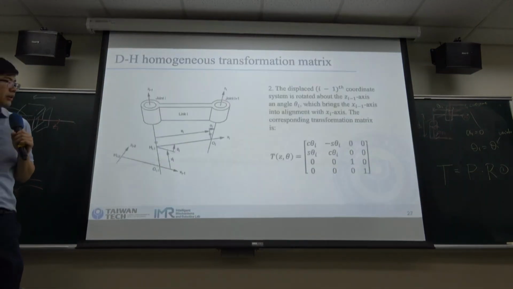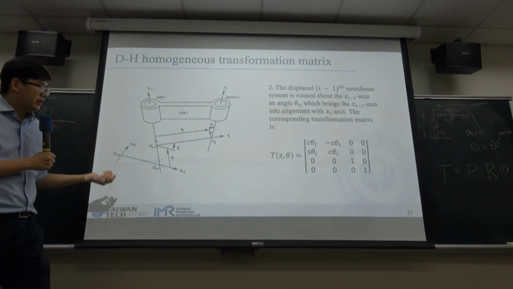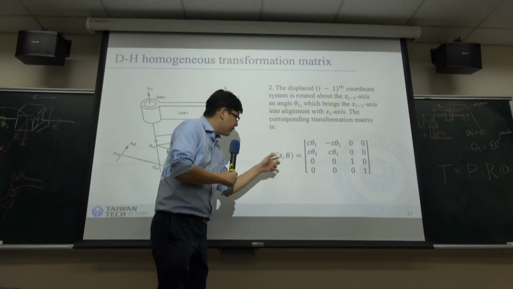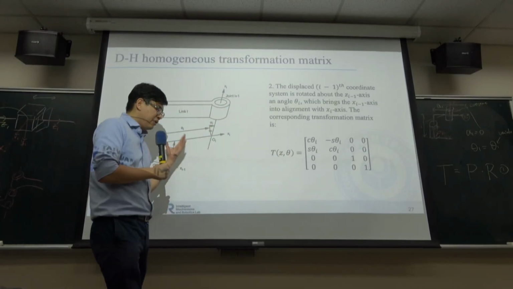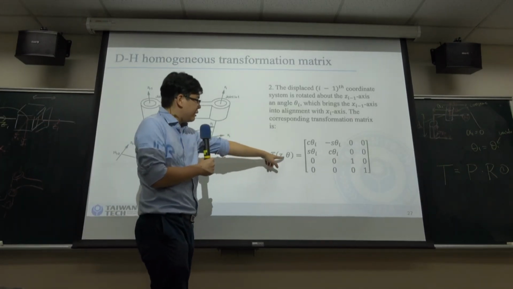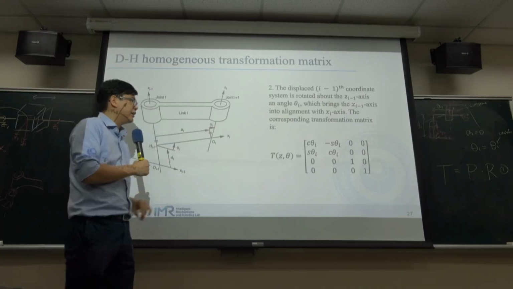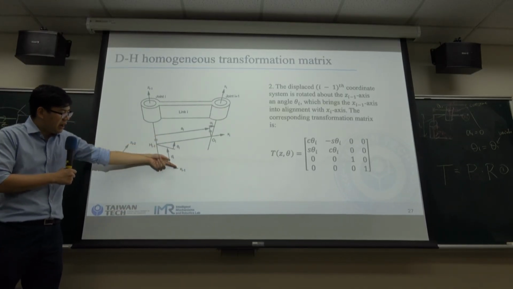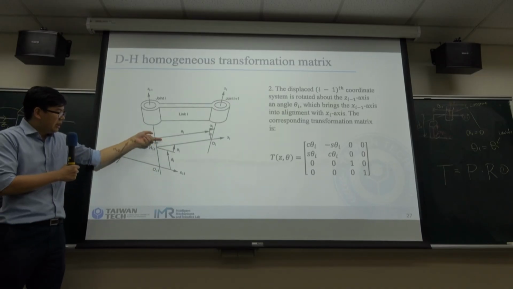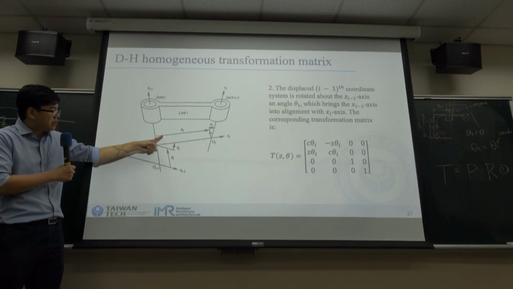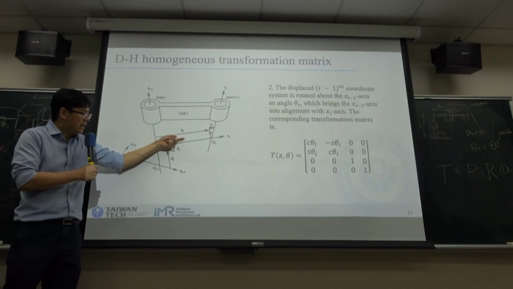Okay. And the second one, we know that we need to do the z-axis versus the x. So just now we have already computed the translation. Then afterwards, it's the rotation, so it's the theta. So we know that theta means that x i-1 rotates about the z i-1 axis to the x i.